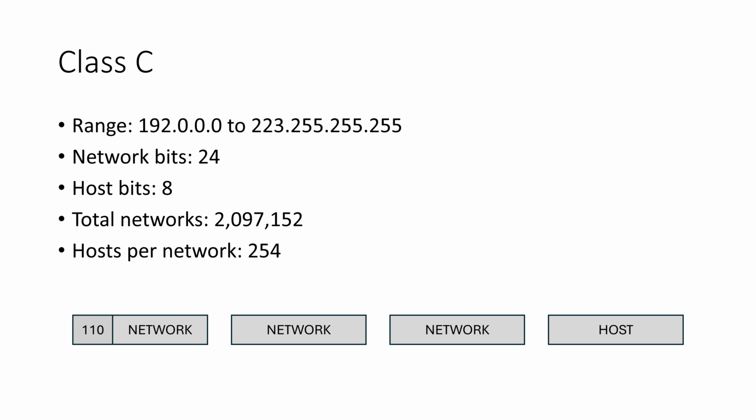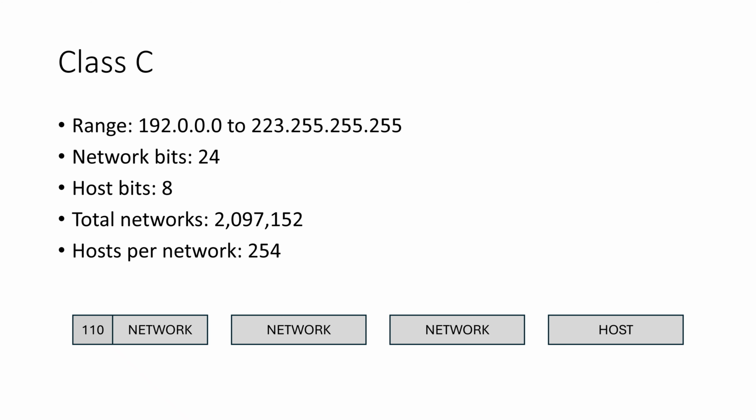And Class C addresses were made for small networks, and their range is 192.0.0.0 to 223.255.255.255. Here, the first 24 bits are for the network and only 8 bits are for hosts. Here, the first 3 bits are 1, 1, and 0, and this gives us a huge number of possible networks, over 2 million, but each one can only have 254 hosts.